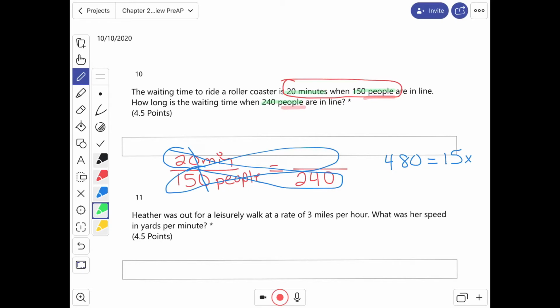Now I need to get x alone so I know what that unknown number is. That means I'm going to divide by 15 on both sides. And the 15s will cancel, and x will be alone.